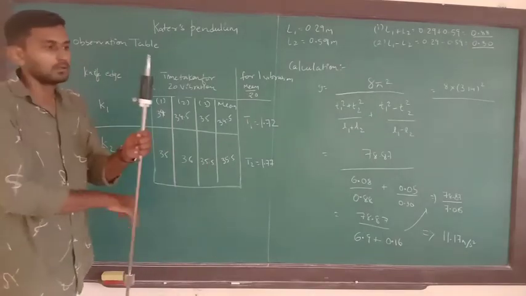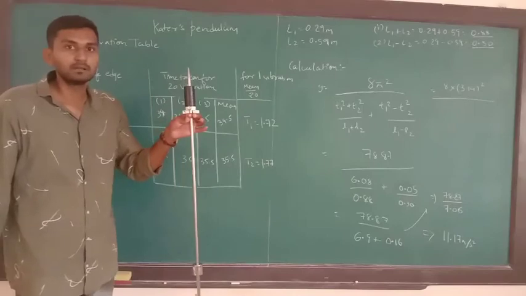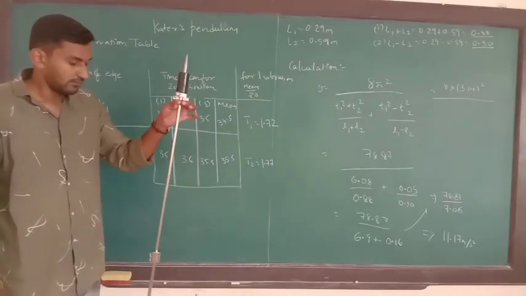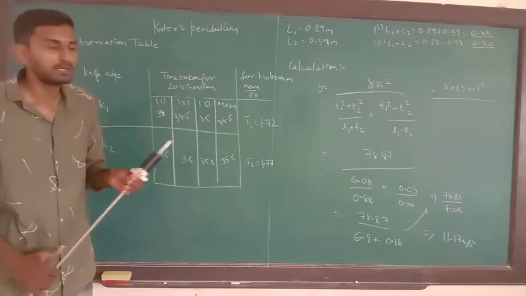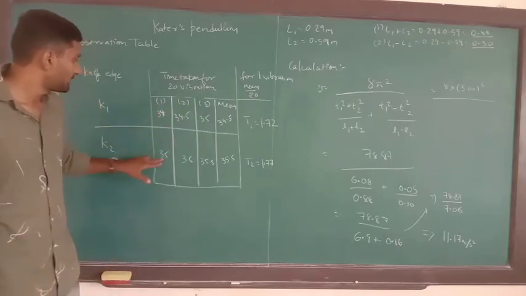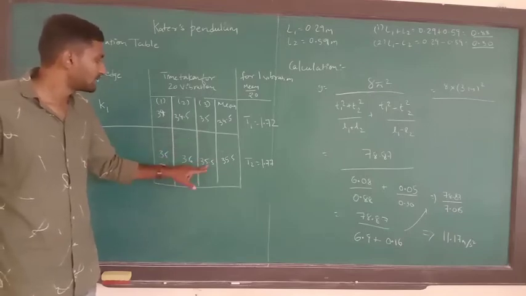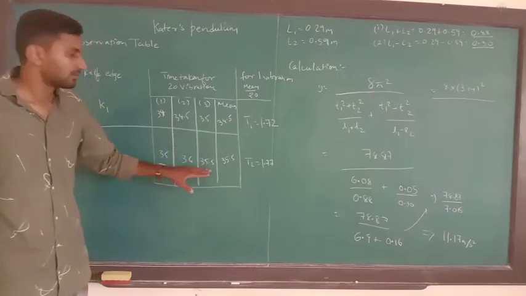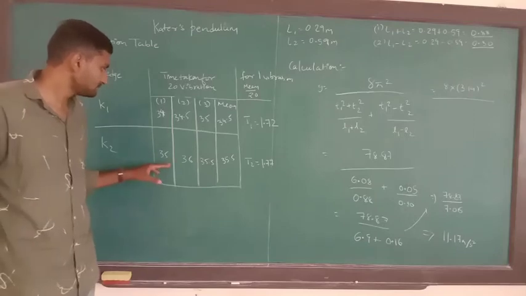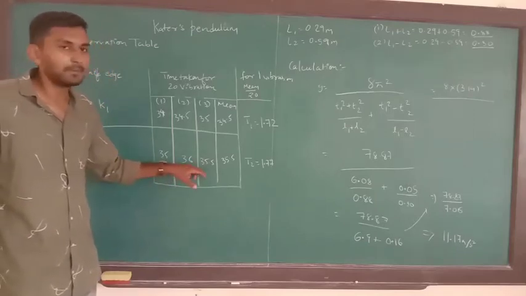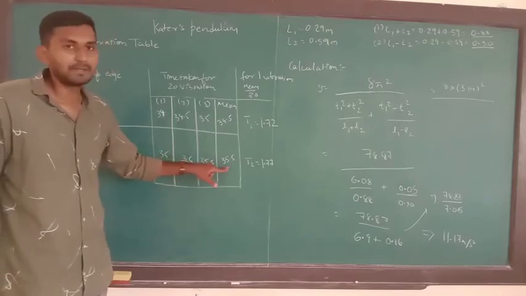Similarly for Kater's pendulum, second, we will put this wooden part on the upper side, and now we will just move it like this. For 20 vibrations, how much time will it take? For one period it takes 35, for the second interval 36, and for the third interval 35.5. Now we take the average of these three time intervals, which results in 35.5.